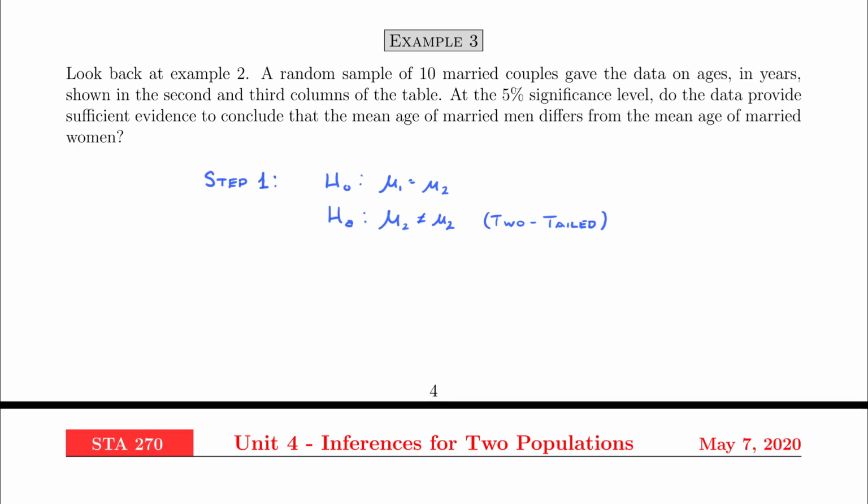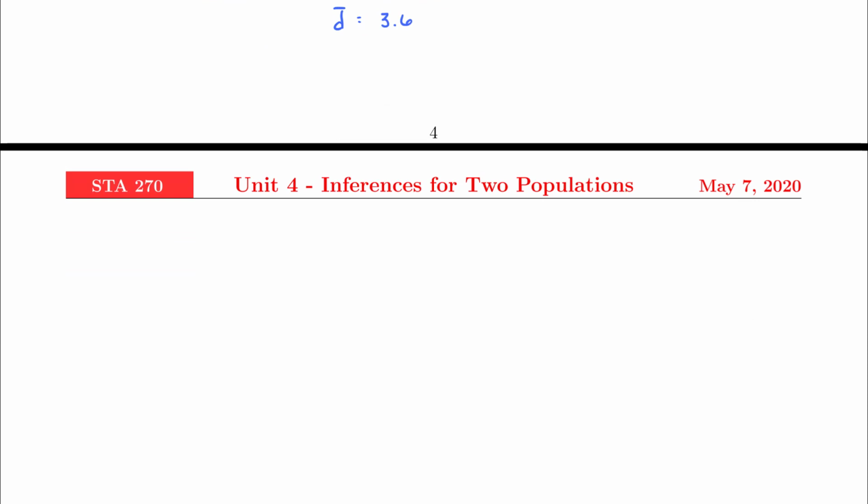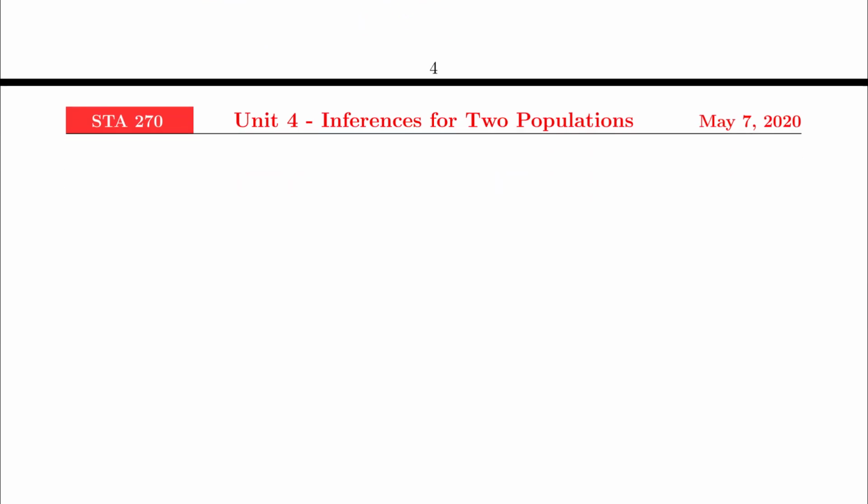And we also have already computed d bar that was found in example 2. So we know that d bar is 3.6. It's the sum of the differences divided by 10, because we had 10 differences there. And this is the part that I did not type up in the notes, but it will be on your notes when you pull these up on the website.